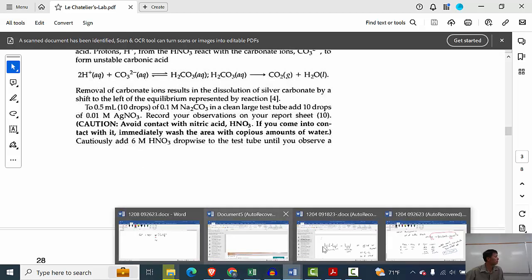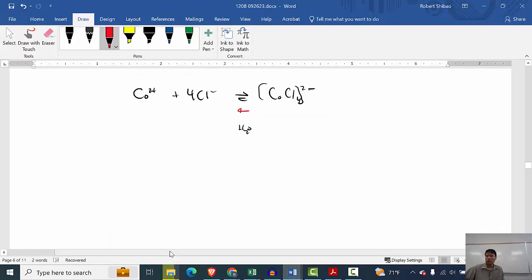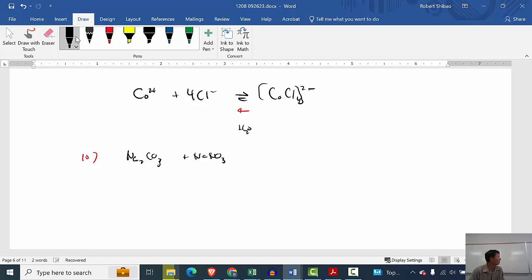Okay. So for 10, it's sodium carbonate plus silver nitrate. Or was it? No, yeah, silver nitrate, not sodium nitrate. So what forms here? This is a double replacement, metathesis reaction.